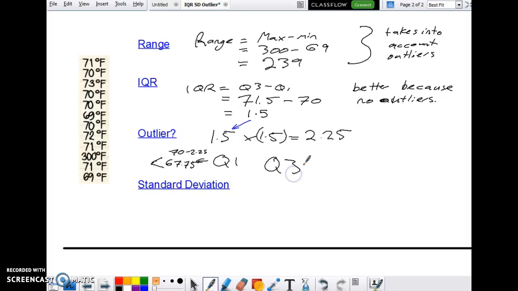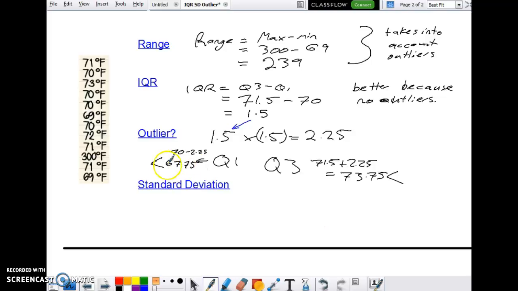And for Q3, what was our Q3? 71.5 plus 2.25 is going to give us 73.75. Anything over 73.75 is an outlier.